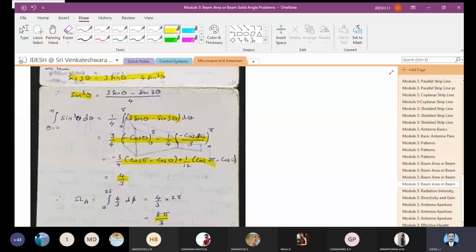It's not compulsory that you have to use the same method. This is easier to solve when you substitute sine 3 theta is equal to 3 sine theta minus 4 sine cube theta. You get it very easily as 4 by 3. Sometimes you can directly solve it in the calculator also.